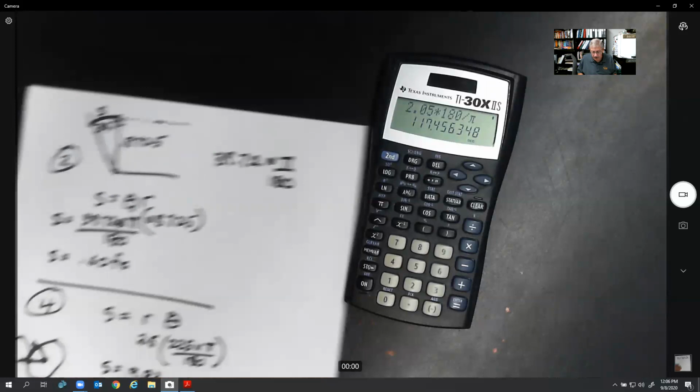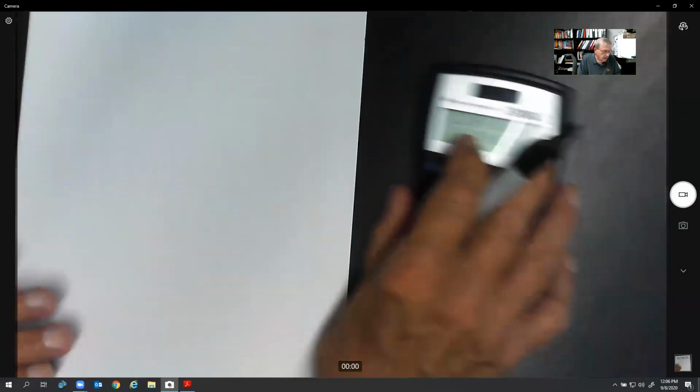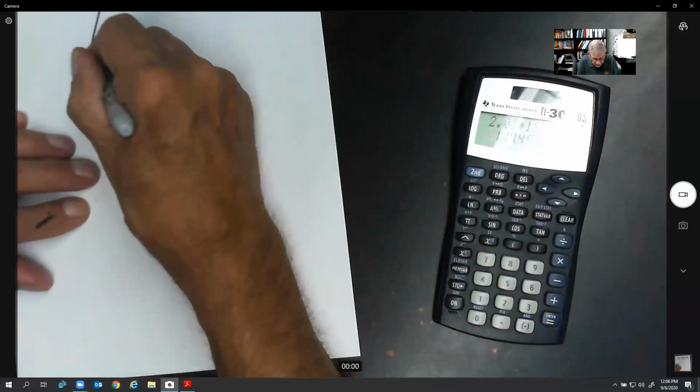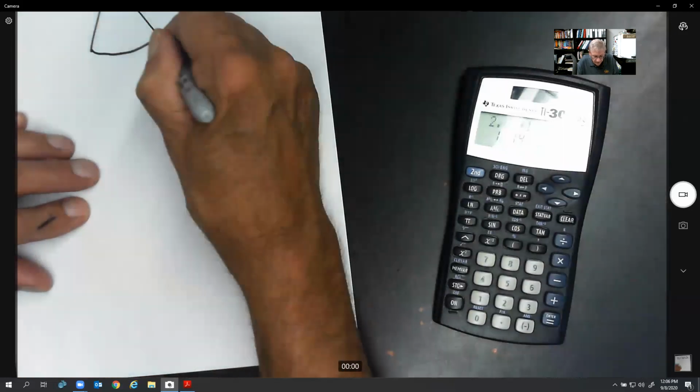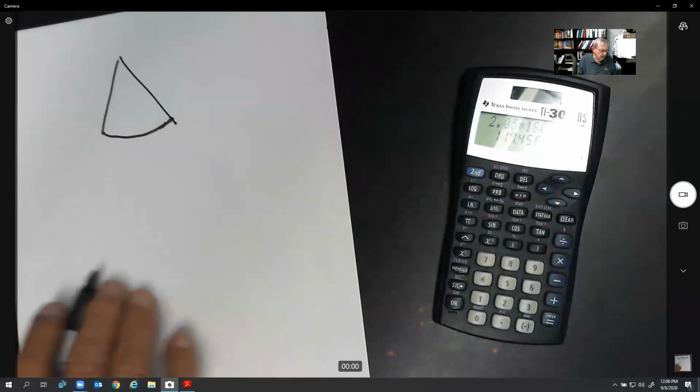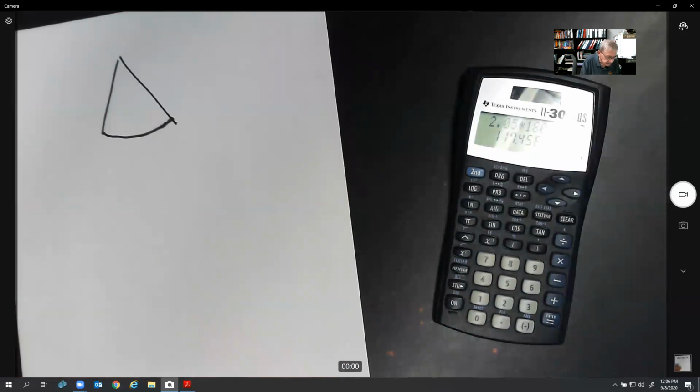The last thing we're going to do is look at the area of a sector of a circle. A sector of a circle is kind of like eating a pizza. How much area is there inside this piece of pizza? To do this, we have to know the angle. I'm going to use the one out of the book.